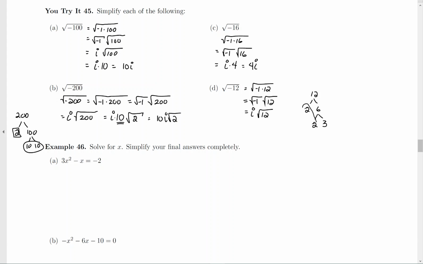And anywhere we can find a pair at the end of a branch, that number is going to come out from under the radical. So it's i times 2, and then the number that didn't get paired up stays under. So i2 radical 3, or I like to write it as 2i times radical 3. It's all multiplied out there.